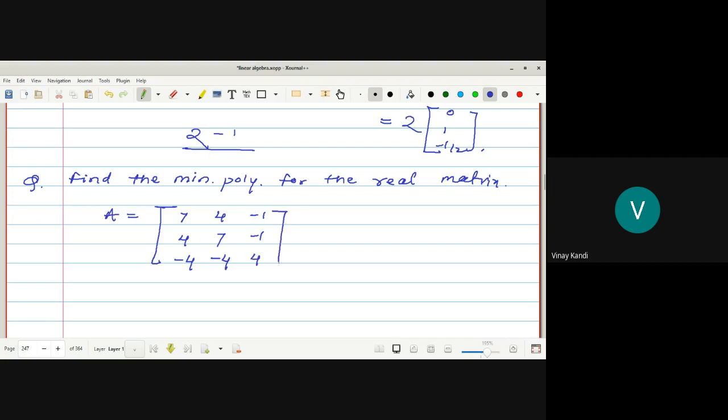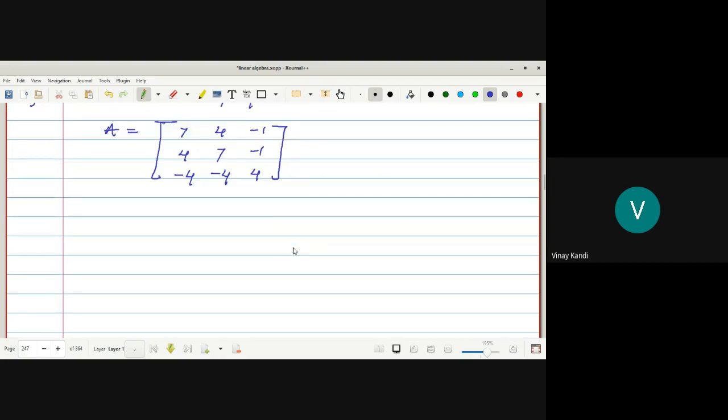How to find the characteristic polynomial? Determinant of xI minus A. This is x minus 7, minus 4, 1, minus 4, x minus 7, 1, 4, 4, x minus 4.